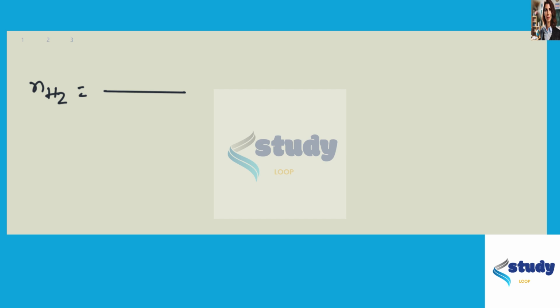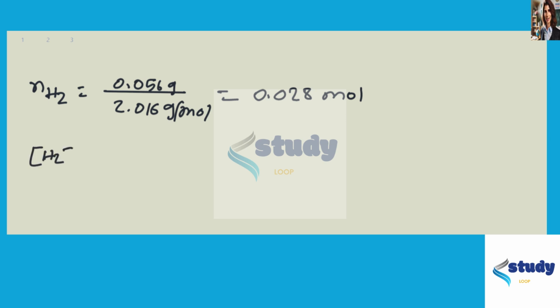So the equilibrium mass of hydrogen is given as 0.056 gram over its molar mass, 2.06 gram per mole, and this will give us the number of moles of hydrogen, which is 0.028 mole. In the same way we can find the concentration of hydrogen just by dividing this number of moles by the volume of the reaction vessel, which is 2 liter.